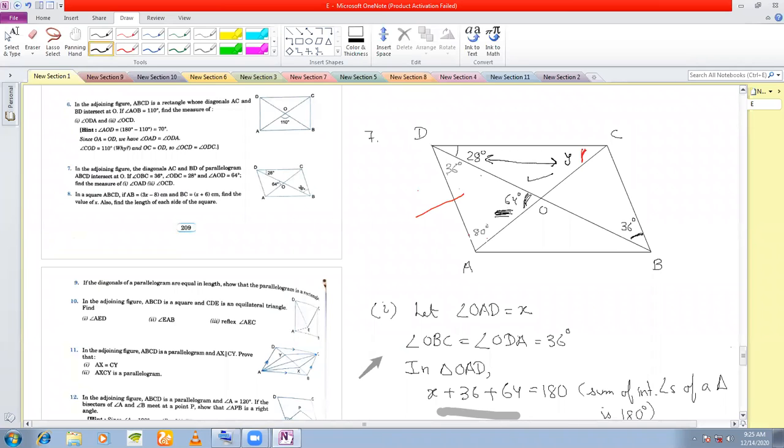Anyone who disagrees? This angle 64 degrees is the exterior angle of this triangle, and y and 28 are the interior opposite angles. You know that in a triangle, the exterior angle must be equal to the sum of the two interior opposite angles. So 64 must be equal to y plus 28, and therefore you can find out y. Anyone who did not understand?